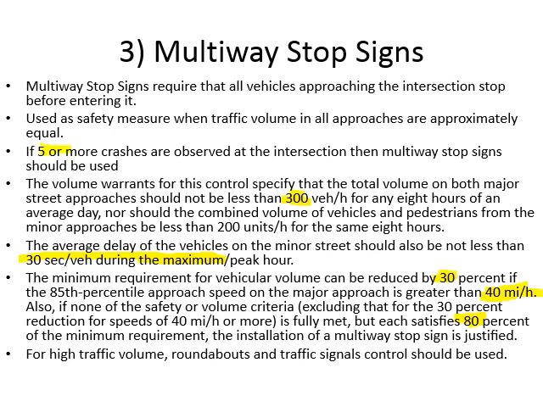Okay, but if this criteria about the speed is not applied, then if you are getting up to 80% of volume and crashes, then that is enough along with the delay criteria to put a multi-way stop sign there. Okay, then if the volume goes higher than these values, you can look for roundabouts and signals.